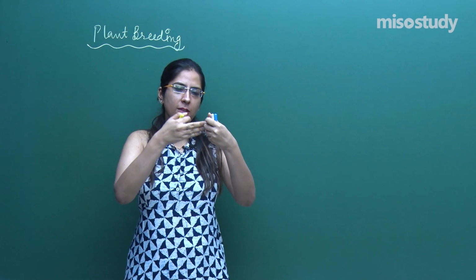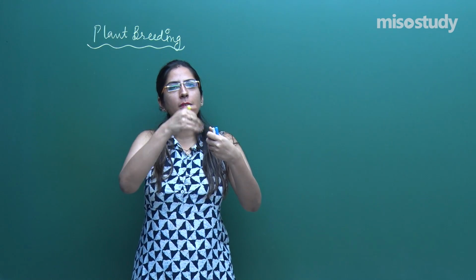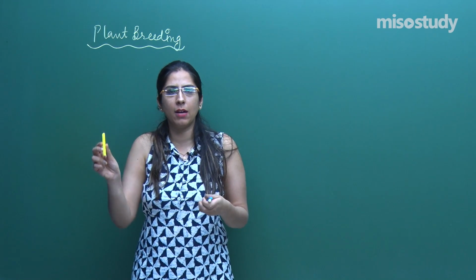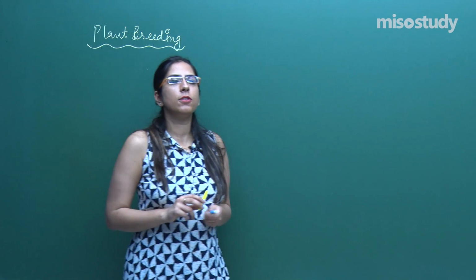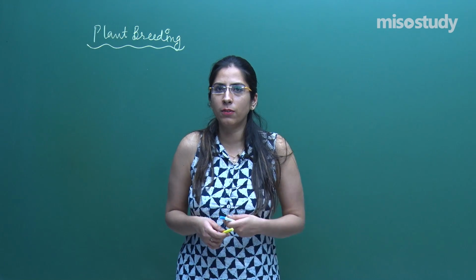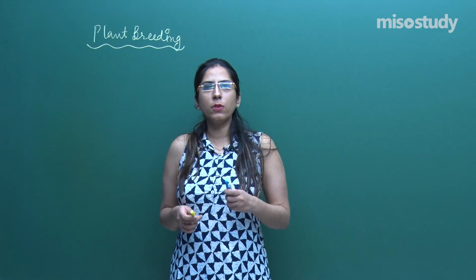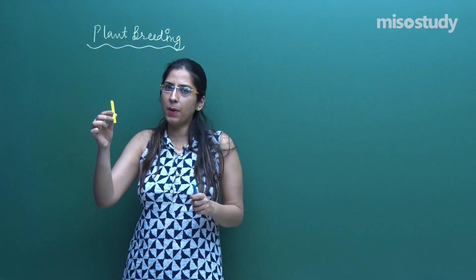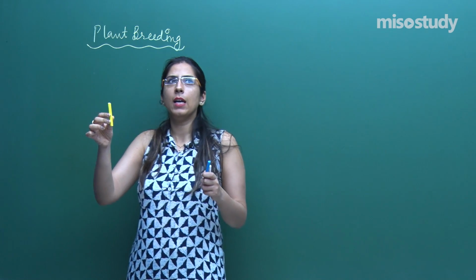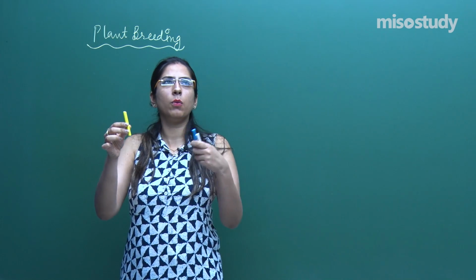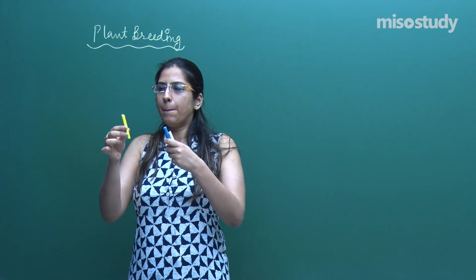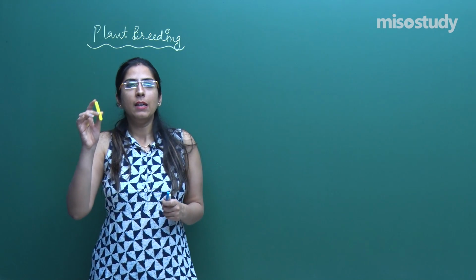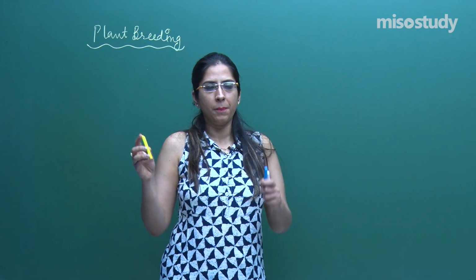One is having one particular kind of characteristic which is suitable for the environment, whereas the other variety has another character. Suppose one of the species can produce more and more protein, and the same variety, the same genotype, has some different characters, such as resistance.